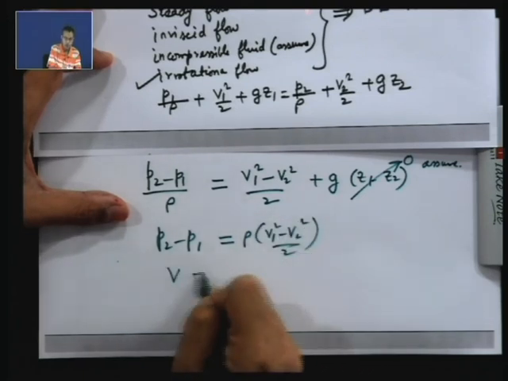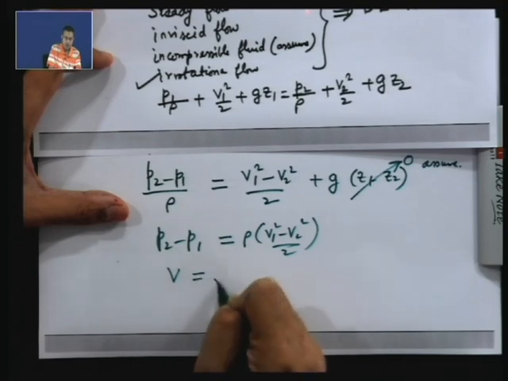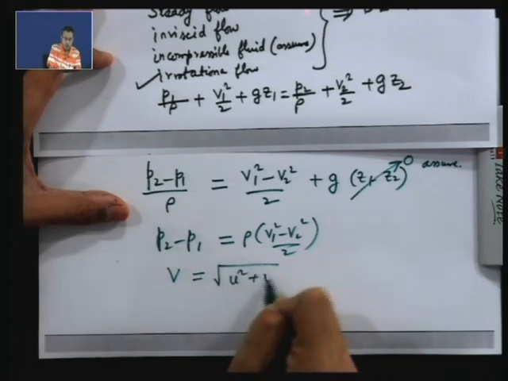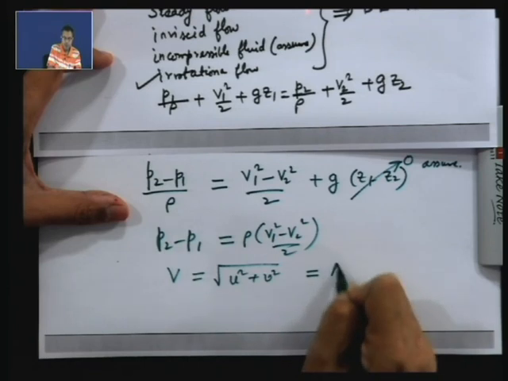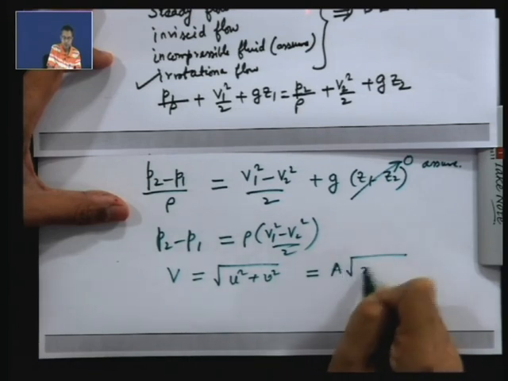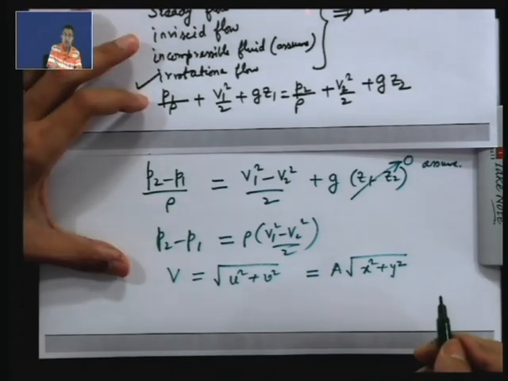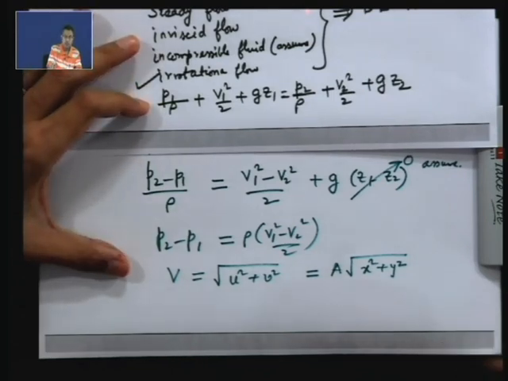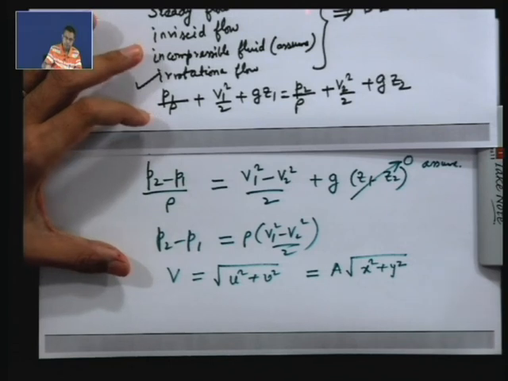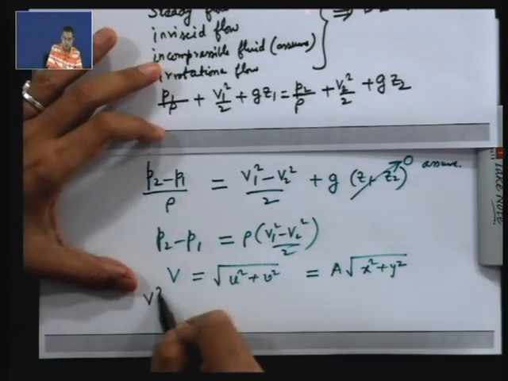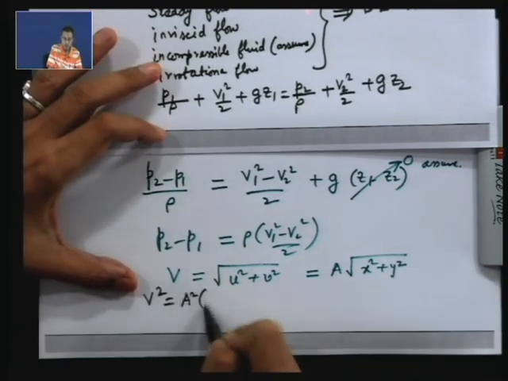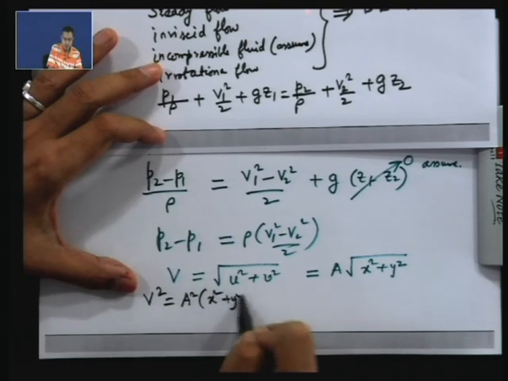What is V? V is square root of u square plus v square. So this is a square root of x square plus y square, because u is ax and v is minus ay. So V square is a square into (x square plus y square).